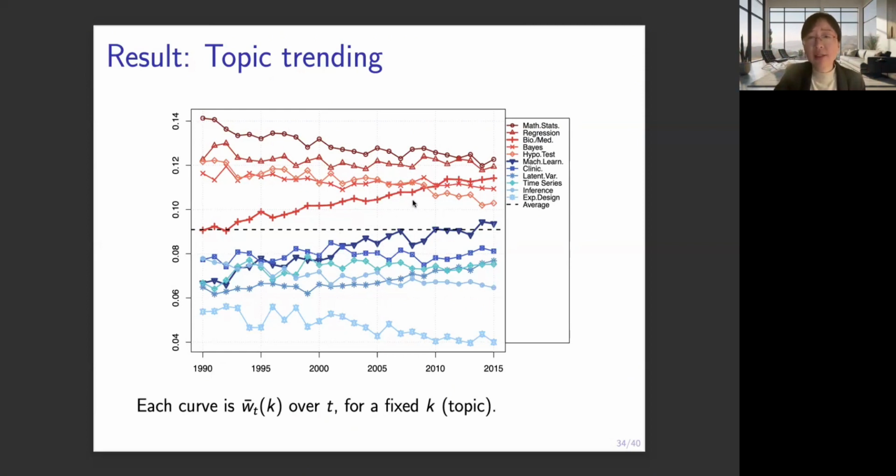Among these topics, we can see that two topics that received a lot of increase in the past years are bio and medical research and this machine learning topic. The mathematical statistics and regression are the two topics that always have the highest weights, even now, but their weights are gradually decreasing.